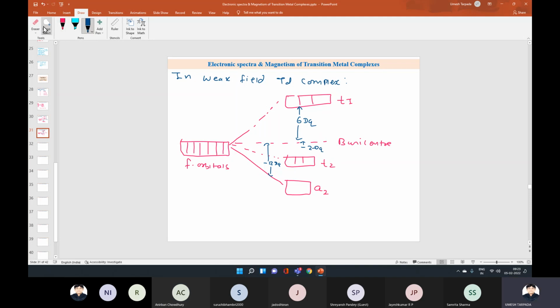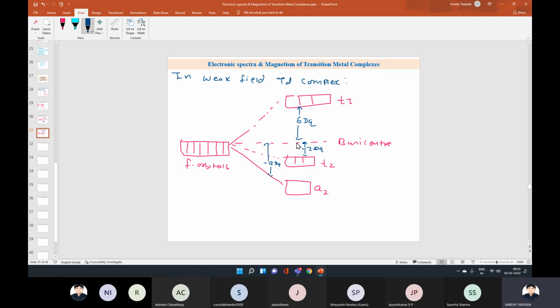Here you require a total of 18. So this is by 2 dq, so 2 into 3, that is minus 6, and minus 12, so it's a total of minus 18.